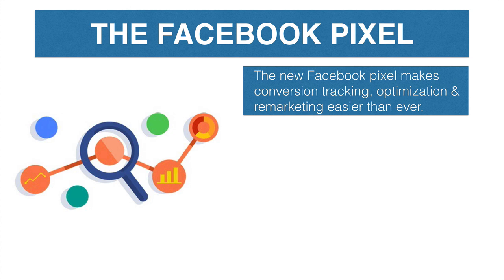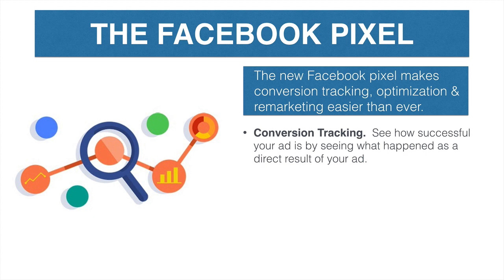All right, so the first thing we're going to discuss is conversion tracking, okay? So conversion tracking is a way for Facebook to track when somebody clicks your ad if they actually buy or not. And this is how you're going to see if your ad is successful or not, right?